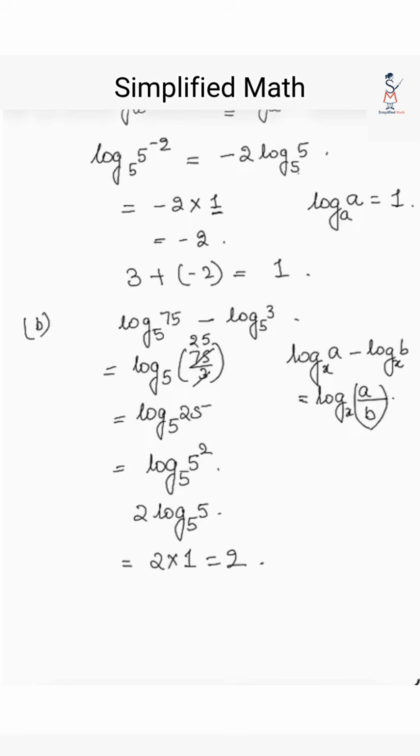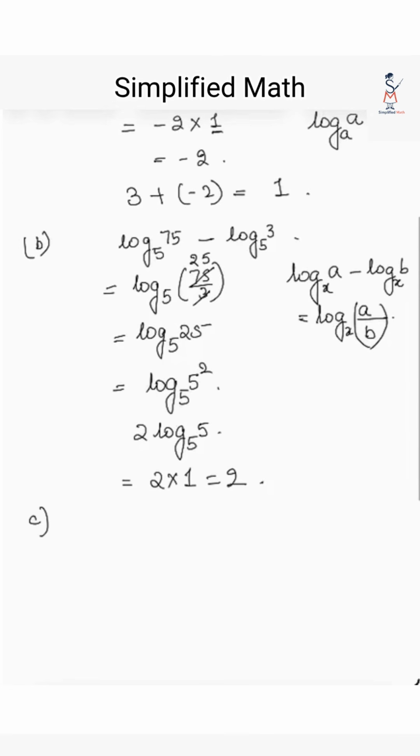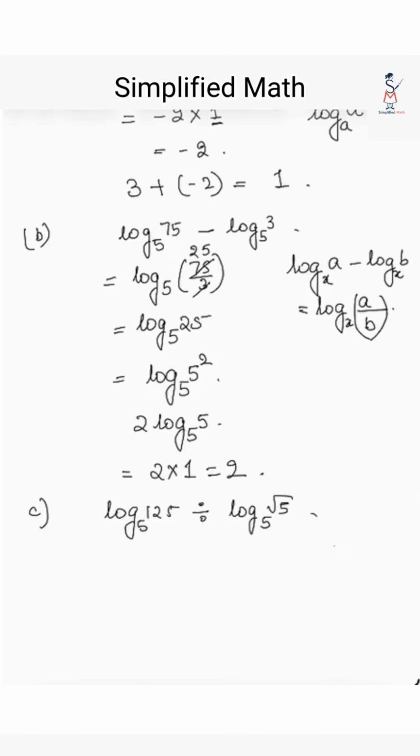Fine. Now we will see the C1. The C1 states find the value of log 125 to the base 5 divided by log root 5 to the base 5. Fine. So here root 5 means 5 raised to the power half, right?